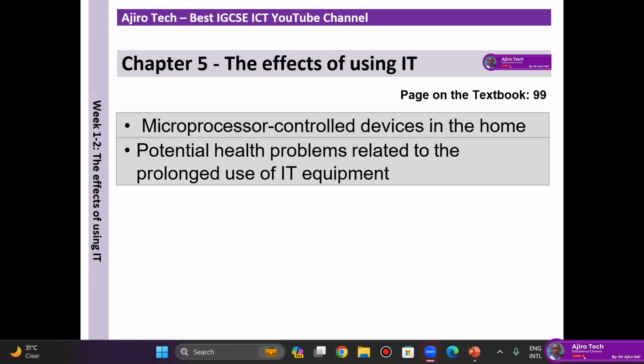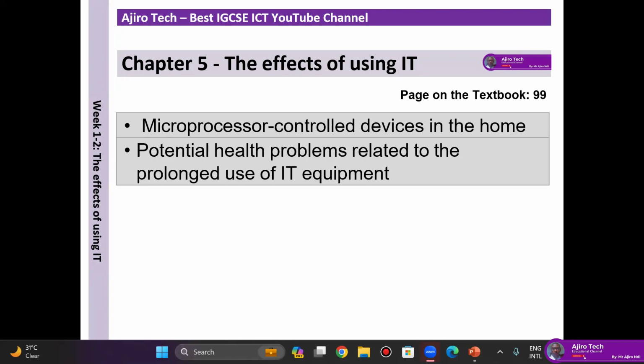This data then goes to the microprocessor, which makes sense of that data, now information. For it to send it back to the environment, it needs to go through another device known as a DAC, digital to analog converter, and then it goes to the actuator, where we now see it on the signpost, or we see a movement like opening the door, closing the door, opening the windows, etc.